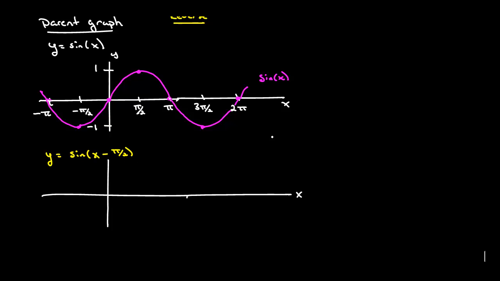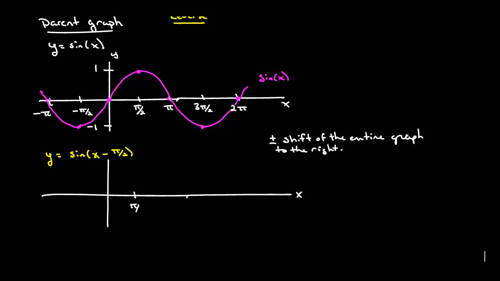Whenever you add or subtract, that is a shift of the entire graph to the right or the left. Adding and subtracting means we take the whole graph and slide it. Multiplication or division means we compress it or stretch it. So this is going to move everything to the right by pi over 2.